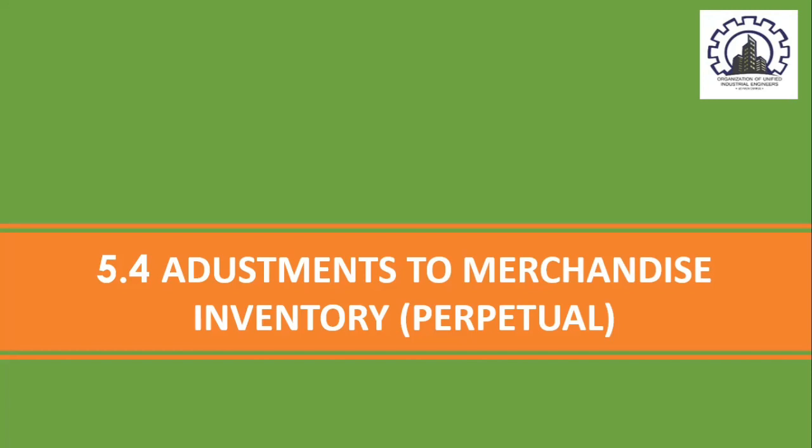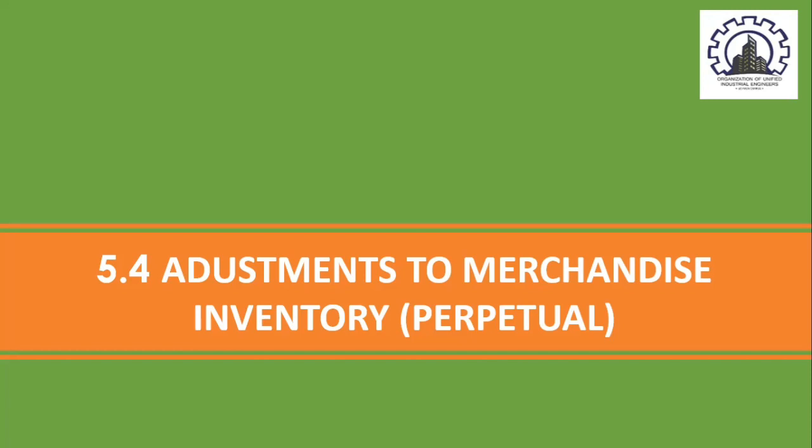So any discrepancy is called shrinkage. Theft and deterioration of merchandise inventory are the most common causes of shrinkage. Again, I would like to reiterate, theft and deterioration of merchandise inventory are the most common causes of shrinkage.